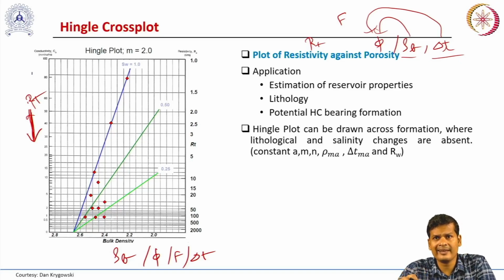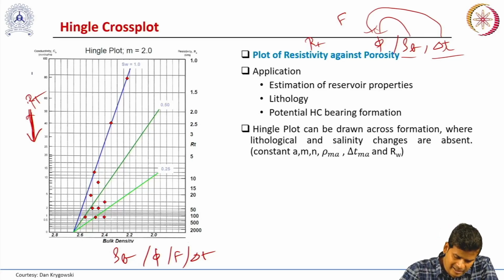So let's say in our wellbore, I have a water bearing layer and an oil bearing layer. If I take the data points from the water bearing layers and oil bearing layers and plot them together on this graph paper, I will get a family of straight lines of different water saturation.